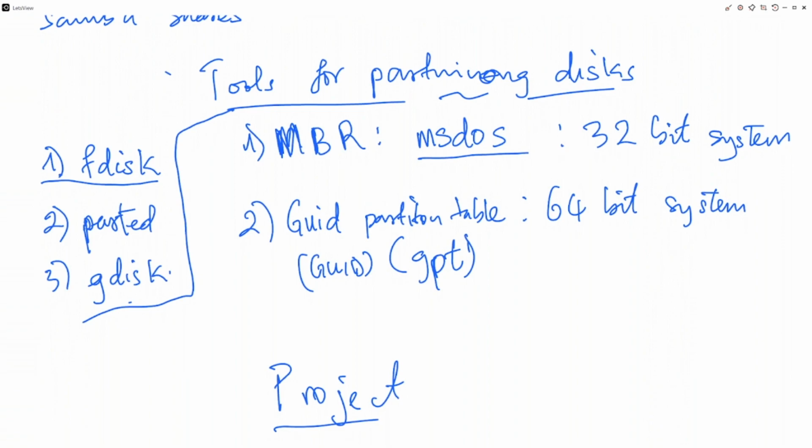Also, the MBR label does not allow the creation of partitions that are more than 2 terabytes. So if you want to create a partition that is more than 2 terabytes, then you definitely have to label your drive with GPT first before you can create that partition.